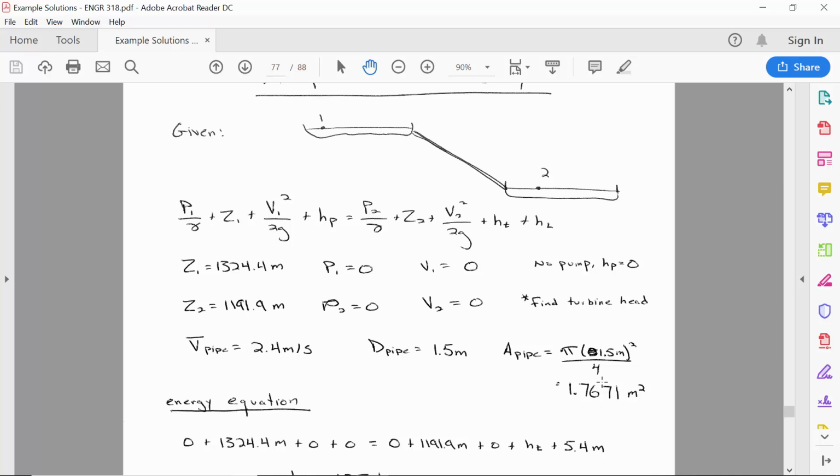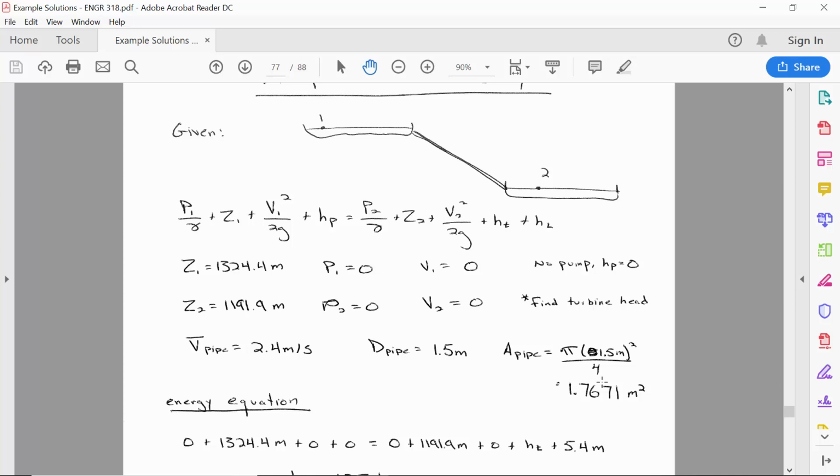So the cross-sectional area of the pipe is 1.7671 meters squared. So Q is the area, 1.7671 meters squared, multiplied by the velocity, and we were told in the problem statement the velocity is 2.4 meters per second. So the flow rate is 4.24 cubic meters per second.